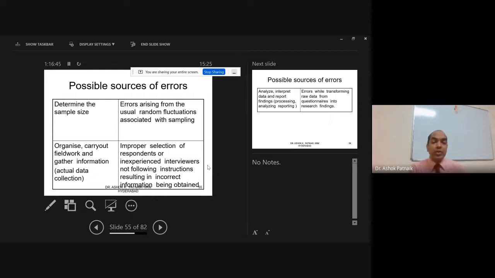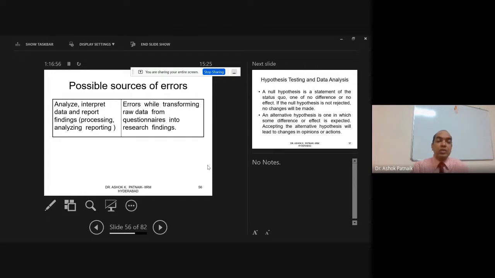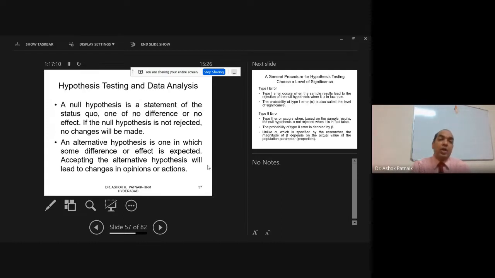There is also improper selection of respondents, and inexperienced interviewers also sometimes play a big role in leading to errors. Errors impact the raw data collected in questionnaires, and this is reflected in the processing, analyzing and reporting of the research.